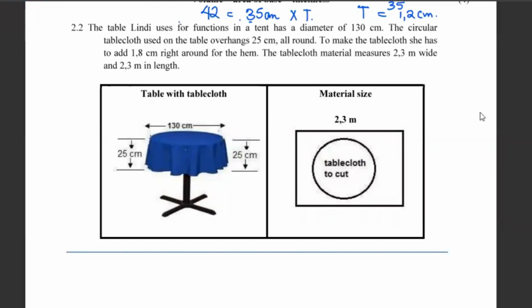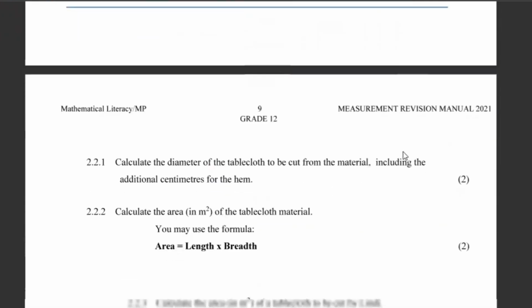So we have to determine the diameter of the tablecloth. The diameter will be 130 plus the hanging, which is 25 on one side, plus another 25. You will get the answer as 180 centimeters.